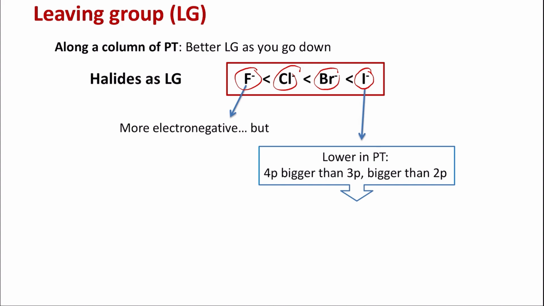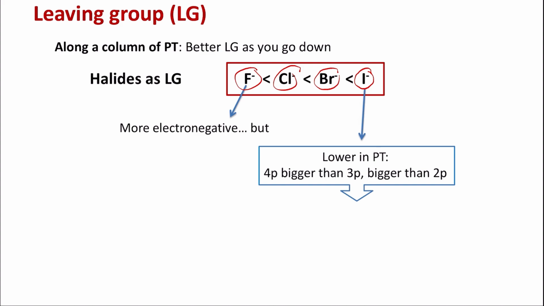The iodine atom has its bonding electrons in the 4p shell, which means the electrons used in bonding with the carbon are further away and more shielded from the positively charged nucleus.